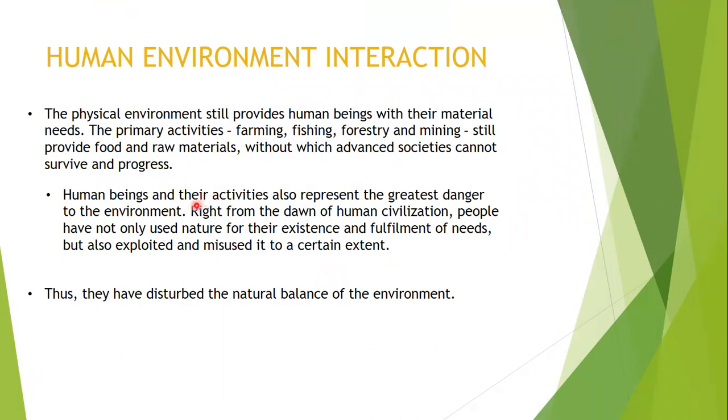Human beings and their activities also represent the greatest danger to environment. Right from the dawn of human cultivation, people have not only used nature for the exchange and fulfillment of needs, but also exploited and misused it to a certain extent. Thus, they have disturbed the natural balance of the environment.